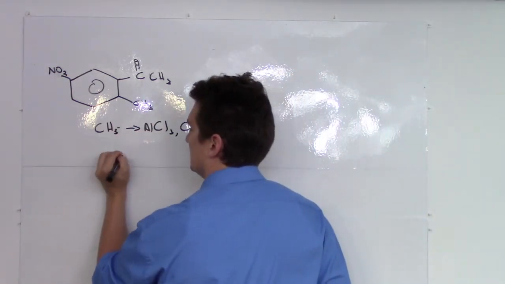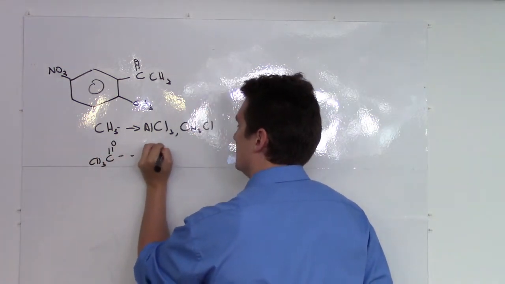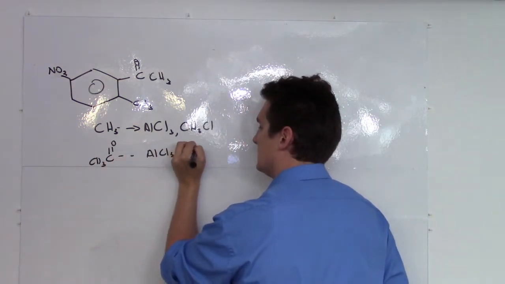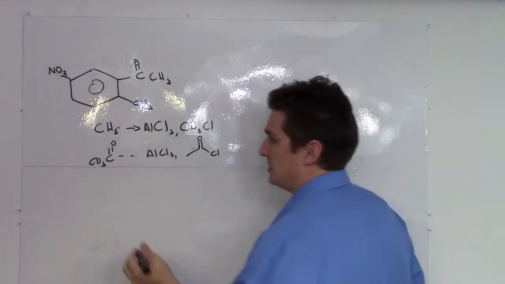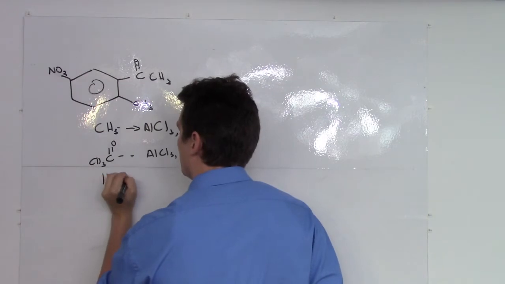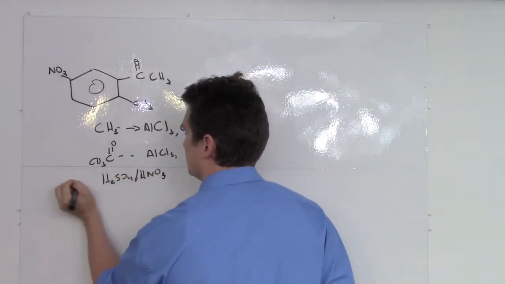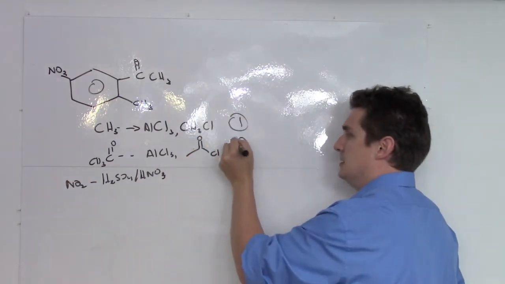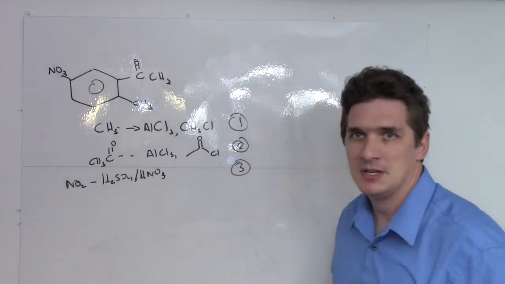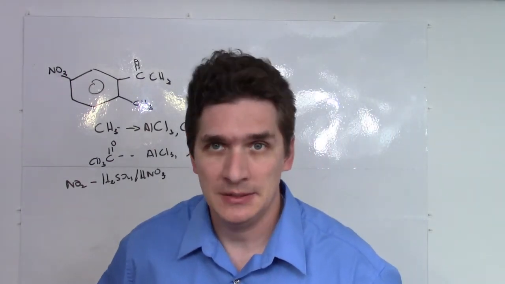So if we want to get our keto group, use that group. And for our nitro, it's H2SO4, HNO3. So we've got three possible reagents. The question is now, what order do we add them in?